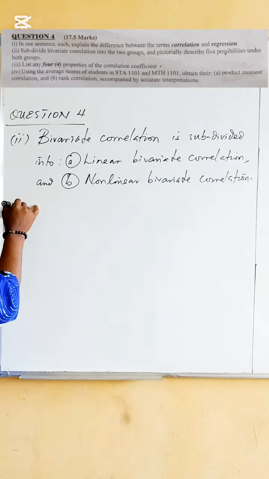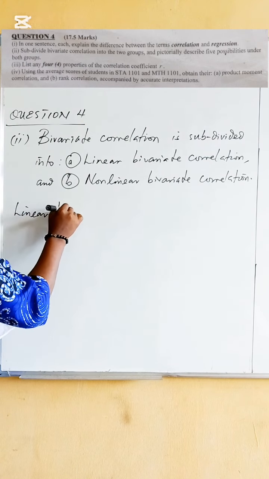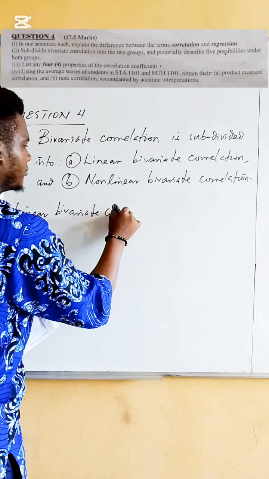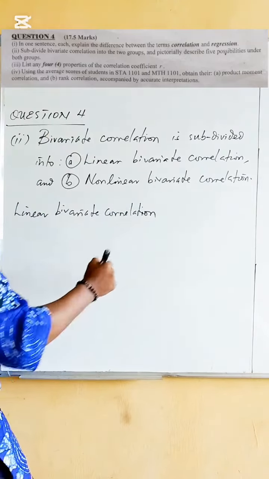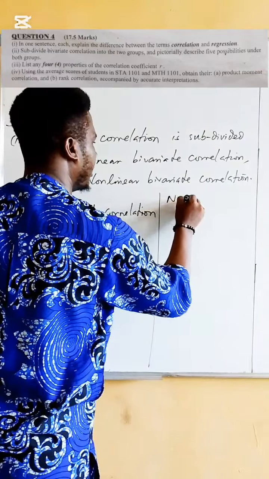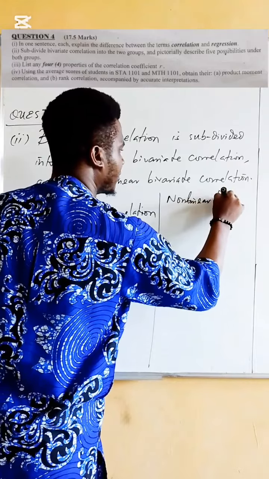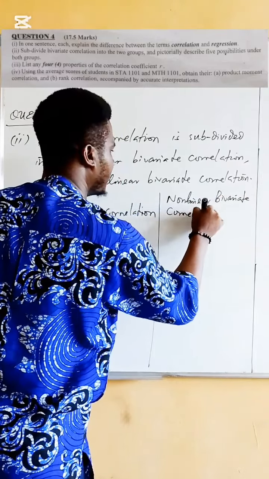Now, I'm going to put here linear bivariate correlation. Okay? And I will illustrate linear bivariate correlation. And over here, I'm going to put non-linear bivariate correlation. Okay?